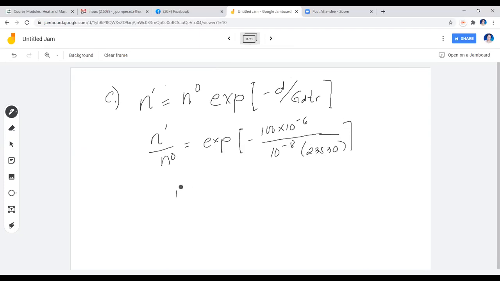So now you will have an N prime over N naught, the accounted for crystals remaining in the system, equal to 0.66. And since the problem is asking how much was already removed, I'd like to go straight to that original question so you will understand.